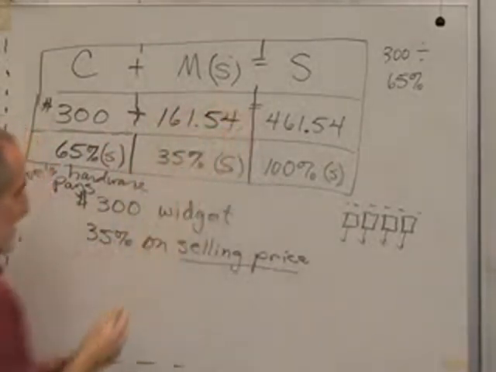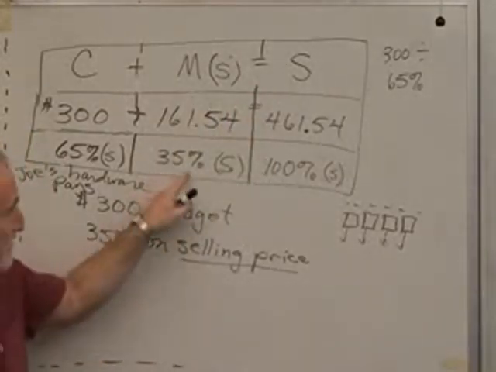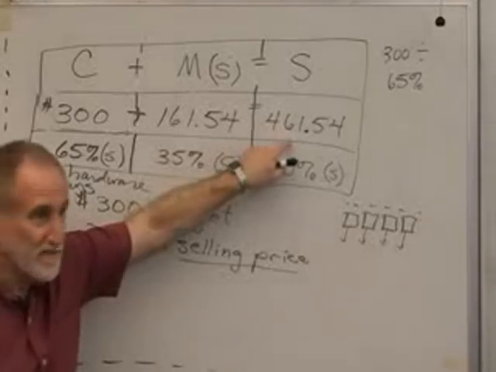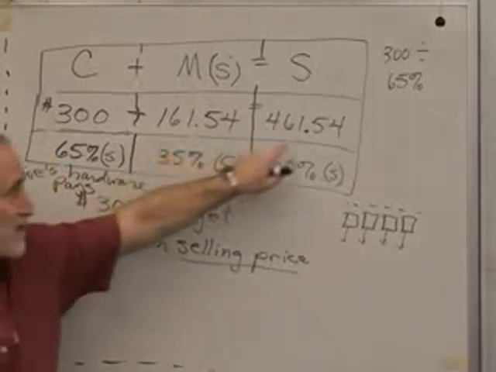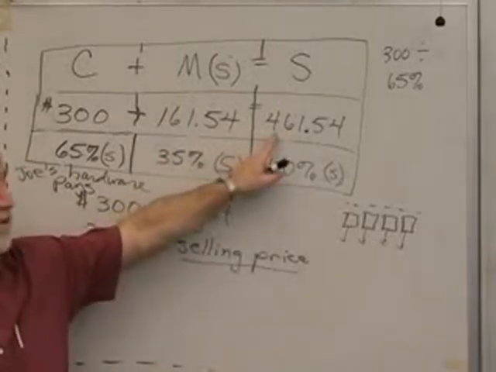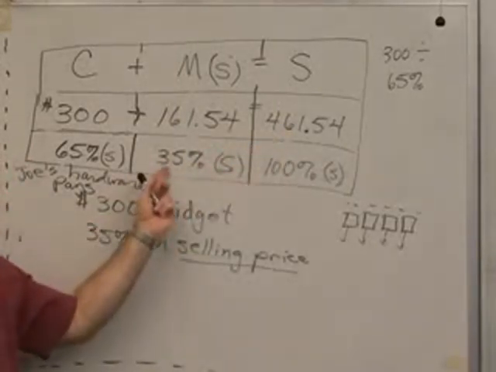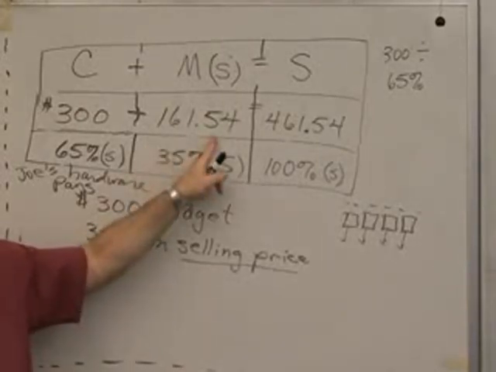Now, just out of curiosity, let's see how close it checks. 35% times that selling price should be this. It might be off by a penny because we might have rounded this. So let's try 461.54 times 35%. Is it this number to the nearest penny or is it a penny off? It's a penny off.